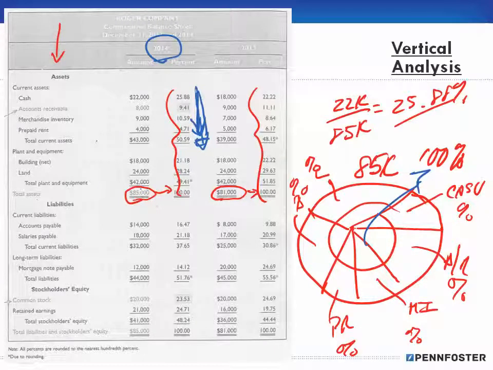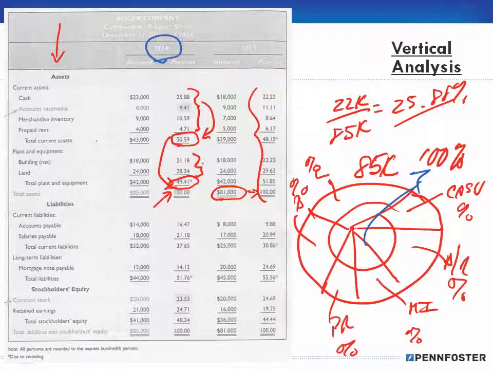Meaning my total assets, let me erase a little bit so it's clear. I have a total current asset of 50.59, and I have a total property, plant, and equipment of 49.41. When you add those two up, that equals 100%. And the same here, this adds up to 21.28, and 21 and 28 equals the 49.